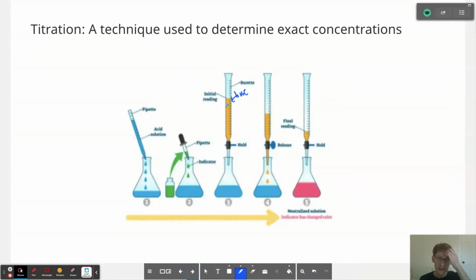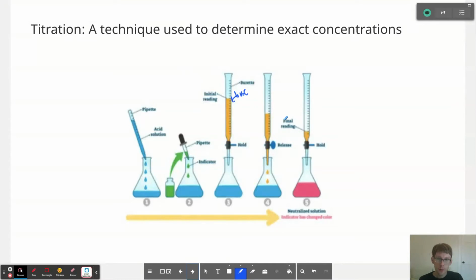So you drop in the base drop by drop, and eventually you get a color change. And ideally, you will stop adding base at the exact moment that the color change happens and stays, meaning you've gone through the whole titration and you've neutralized all of the acid.